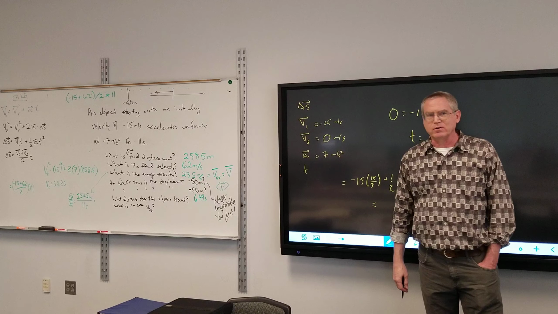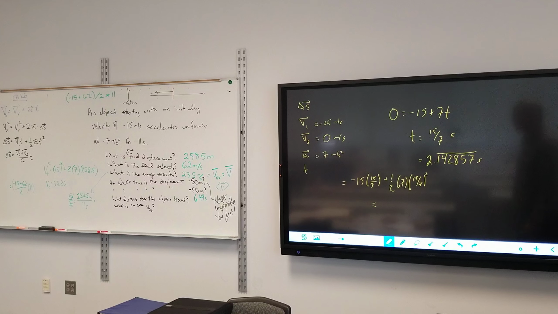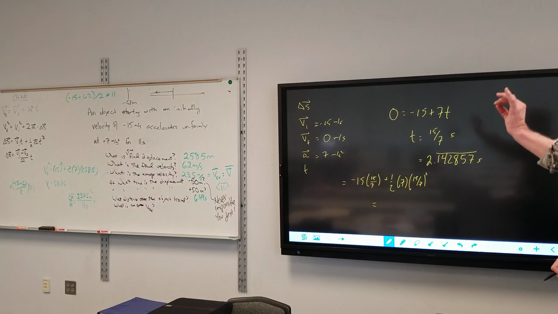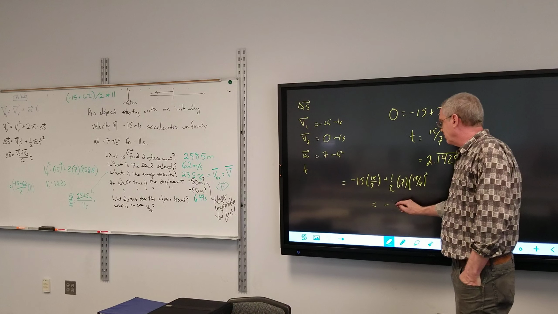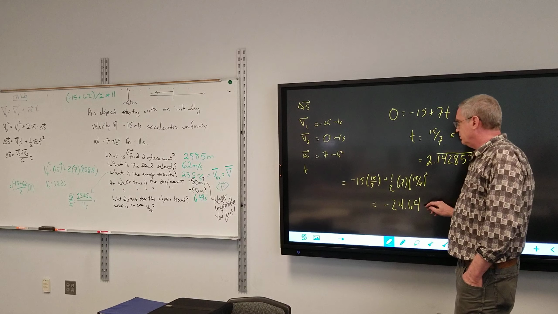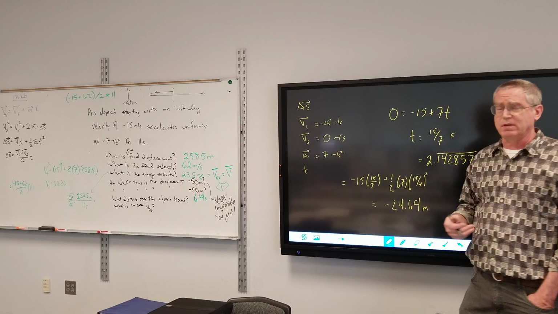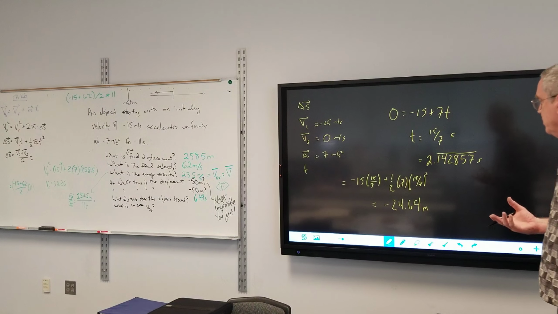Now I would expect a negative number. If it's not a negative number, something's off, because I'm moving to the left this entire time, except for stopping at the end of this path. Negative 24.64. Now, it's an intermediate part of the problem, so we don't have to put in the units at this point.